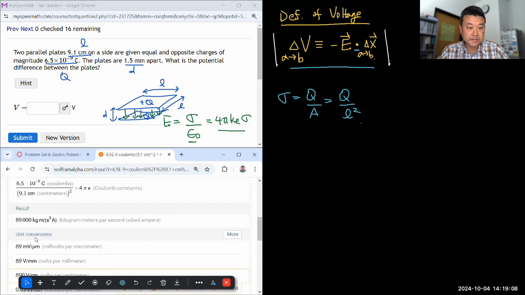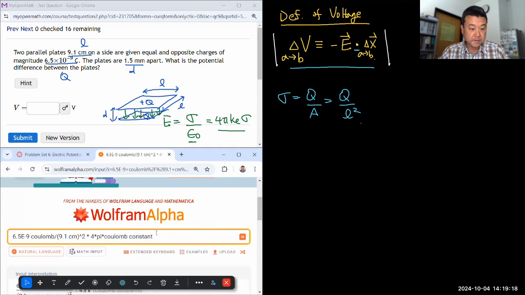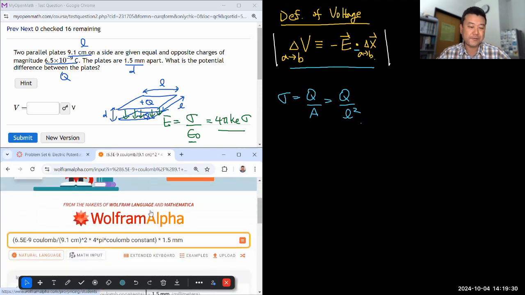So it makes sense. So to get the voltage from the electric field, multiply by the separation, the delta x, that would be 1.5 millimeters. So take all of this, multiply by 1.5 millimeter. Again, not bothering to convert units because Wolfram Alpha will do that for me. Just some powers of 10 anyway.